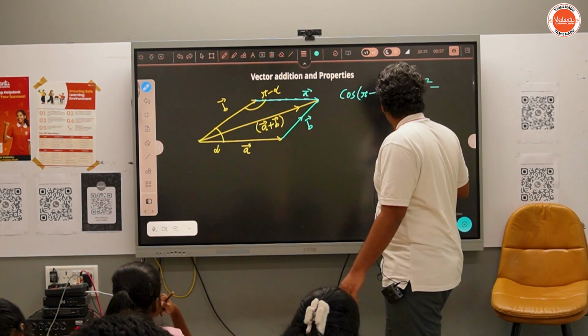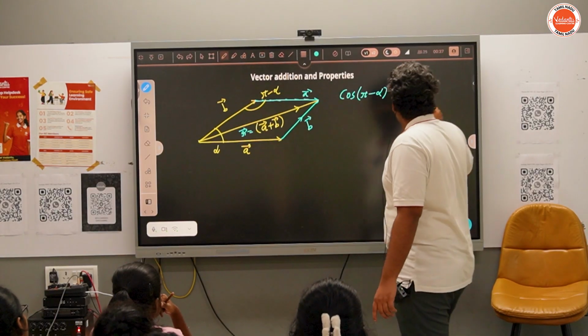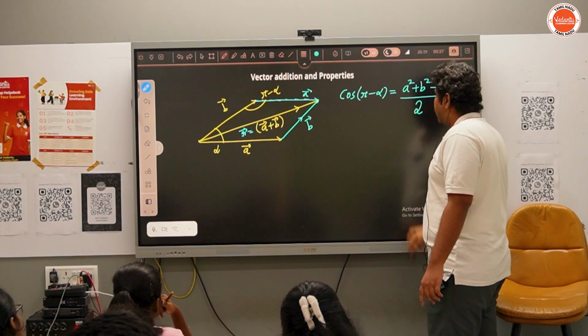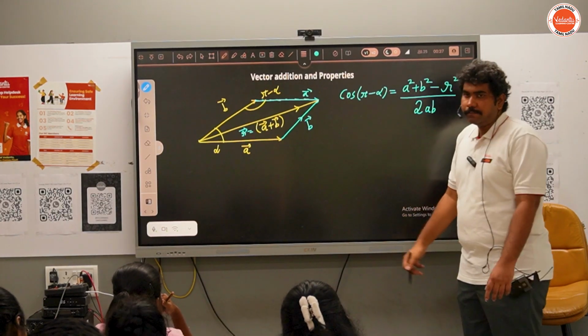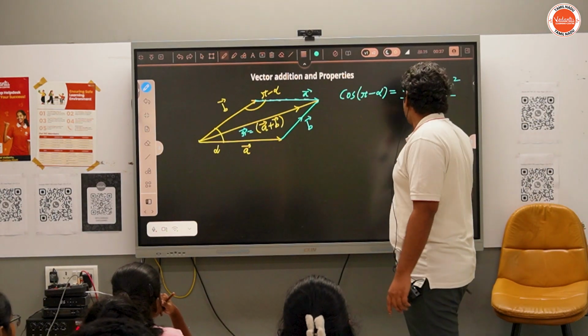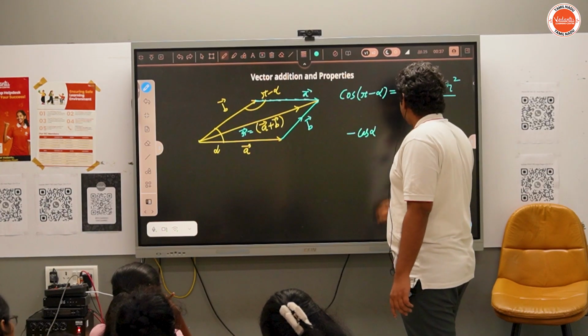If I take this as r vector, I can write a square plus b square minus r square divided by 2 times a into b. Now cos of pi minus alpha is going to give me minus cos alpha.